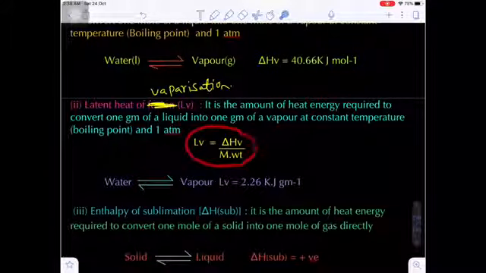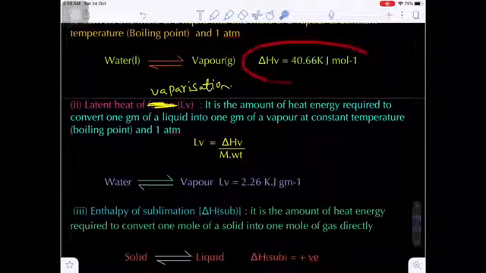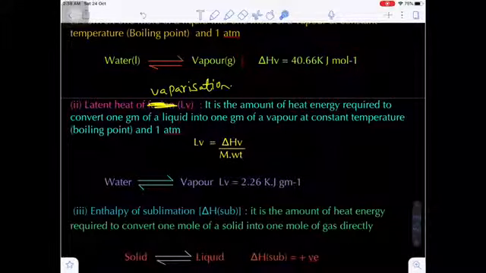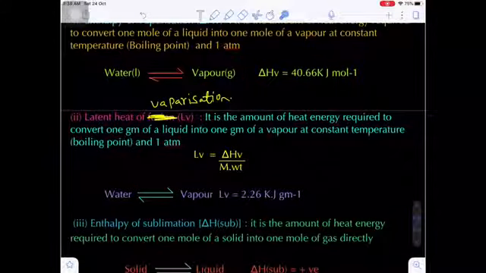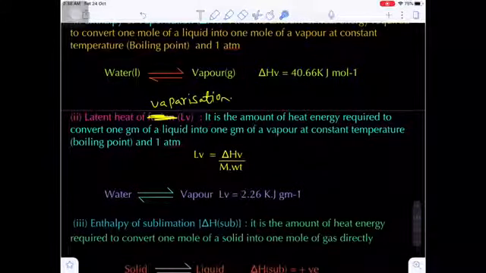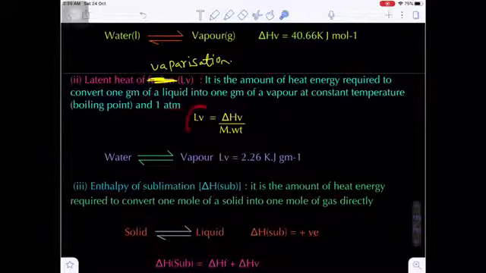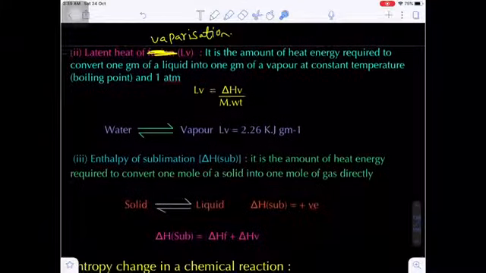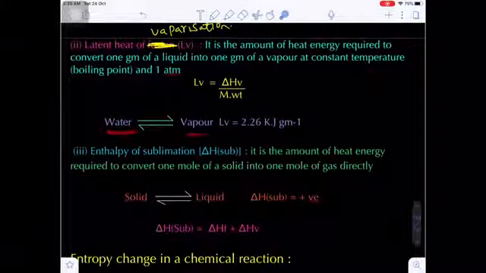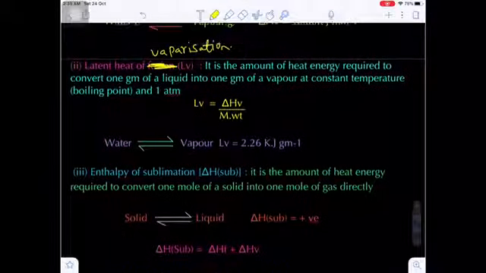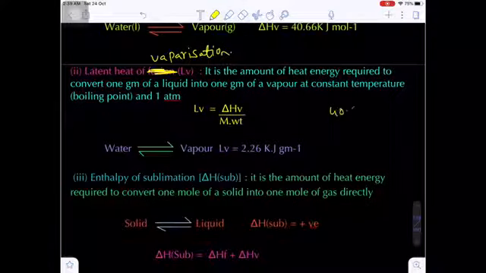To calculate latent heat of vaporization, take the enthalpy of vaporization of a liquid divided by the molar mass of the liquid. So you will get the latent heat of vaporization, that is called LV. Okay. Now for water and its vapor, what is the enthalpy of vaporization of 1 mole of water?